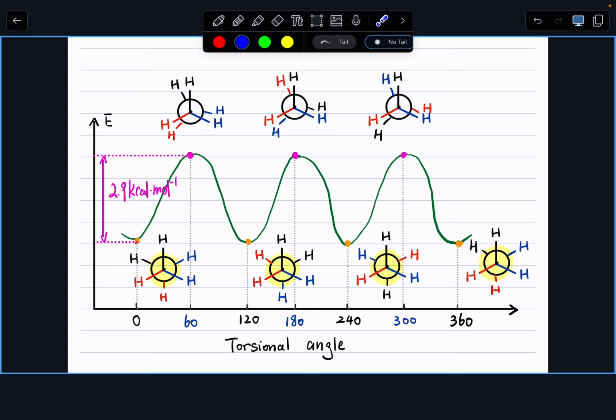So let's do this. I'm going to give each of my points on here a label, A, B, C, D, E, F, and G. So I'll do a quick exercise. I'll rotate this chemical bond randomly, and you will tell me which point is that conformation and how stable that conformation is.